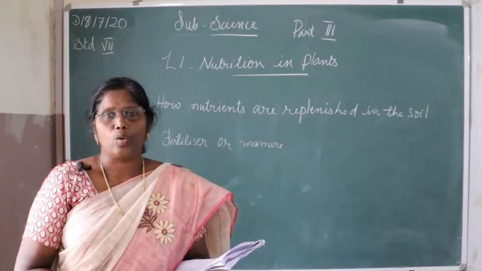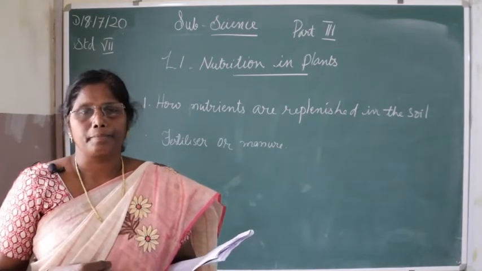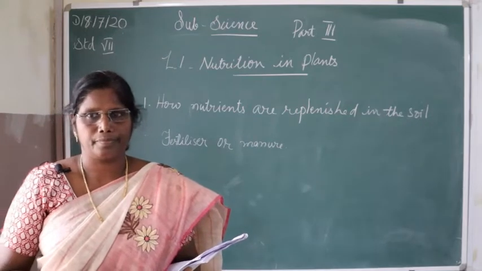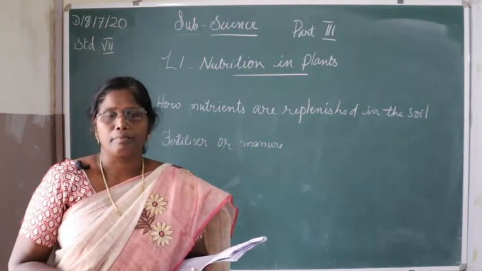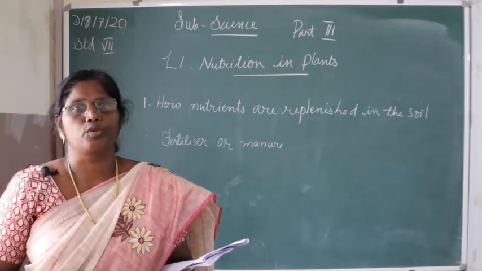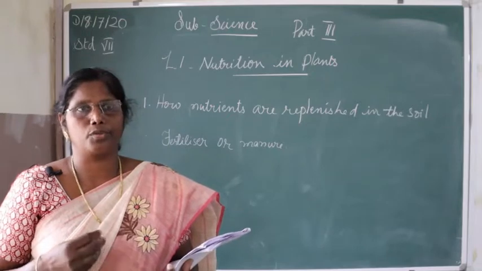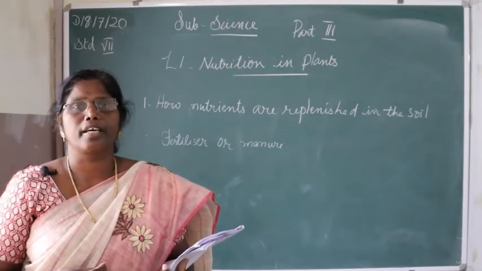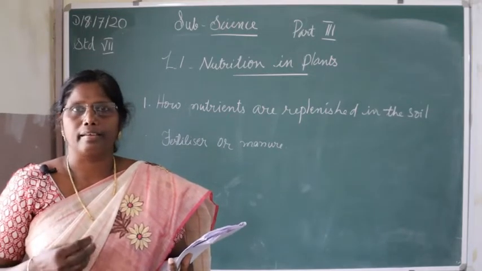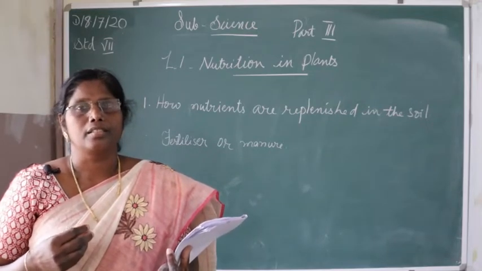Plants need a lot of nitrogen to produce proteins. Plants cannot absorb nitrogen from the atmosphere like carbon dioxide. Plants can absorb carbon dioxide from the atmosphere, but they cannot absorb nitrogen directly from the atmosphere.